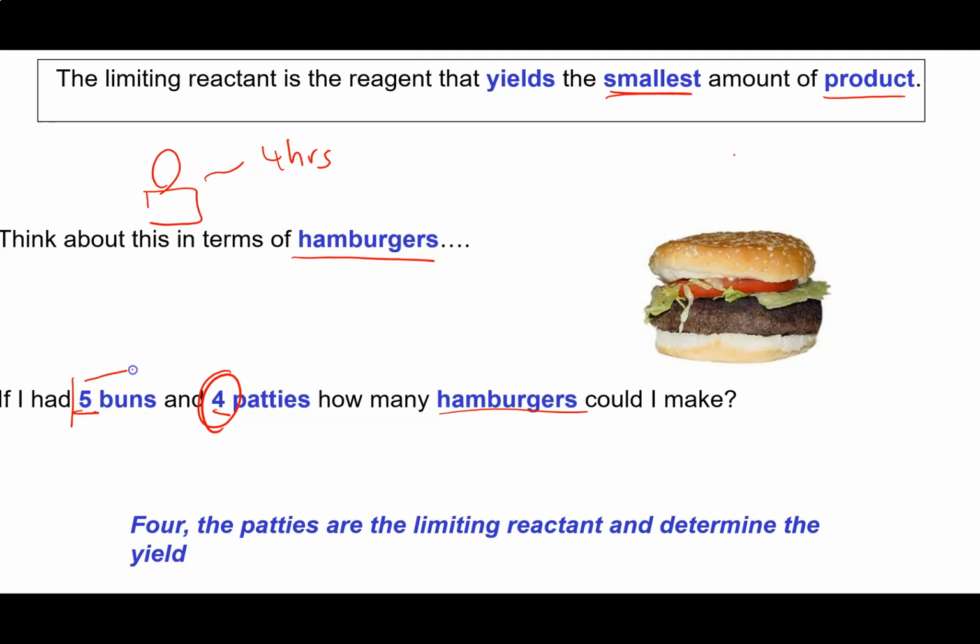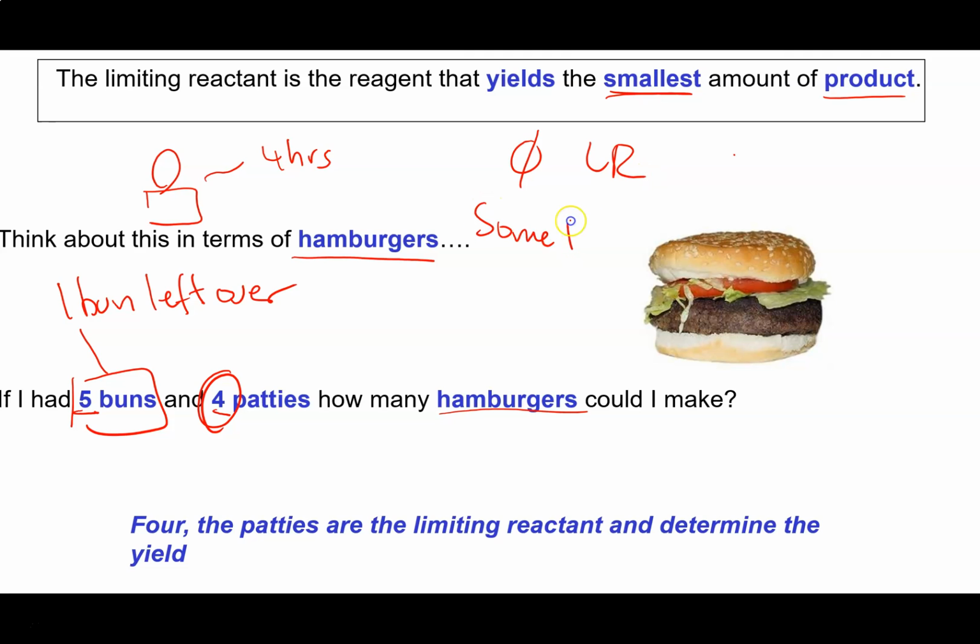Your excess reactant is buns, and you'll have 1 bun left over, all right? So you always have some of the excess reactant left over. You always have 0 of your limiting reactant, and then you can have some product as well. So when a reaction completes, what do you have? You have 0 limiting reactant, you have some products, and you also have some of the excess reactant.